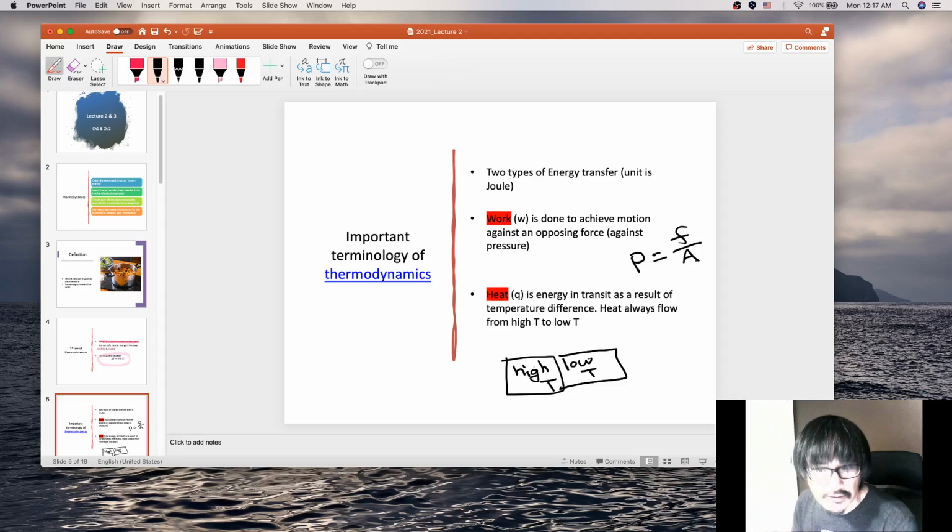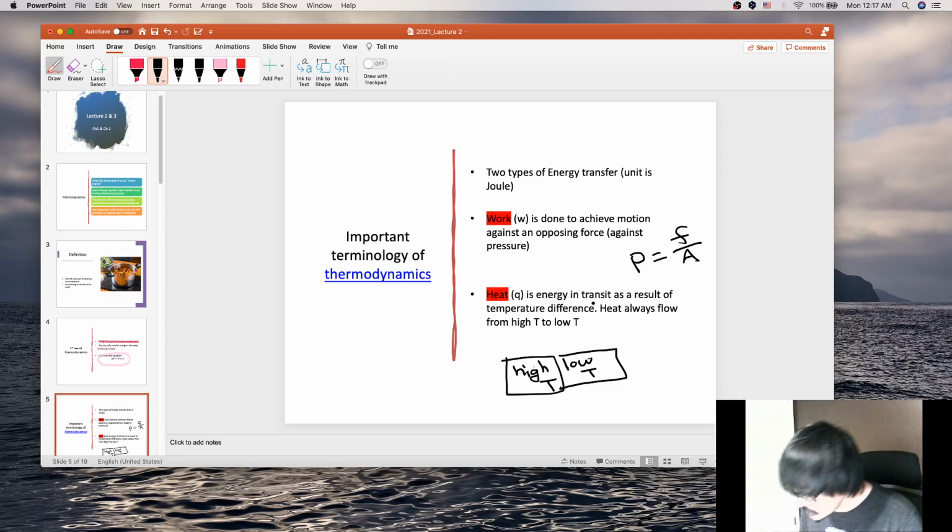So if the work is done against an opposing force, then that's against the pressure. Heat is the energy transfer that happens from high temperature to low temperature.